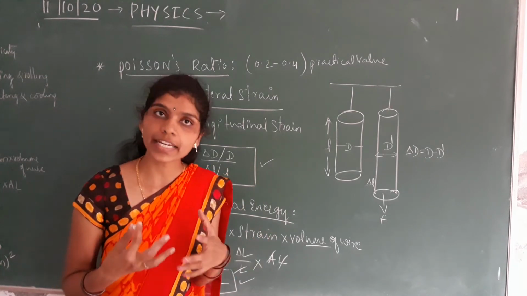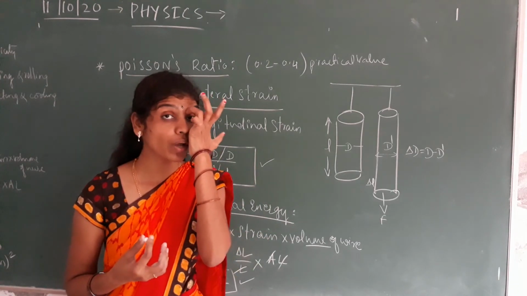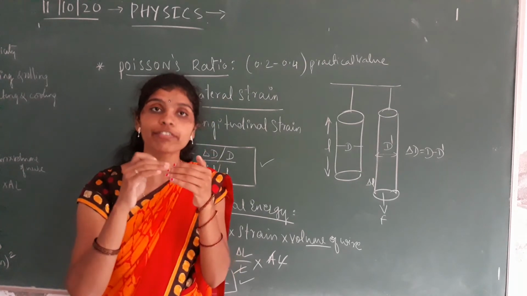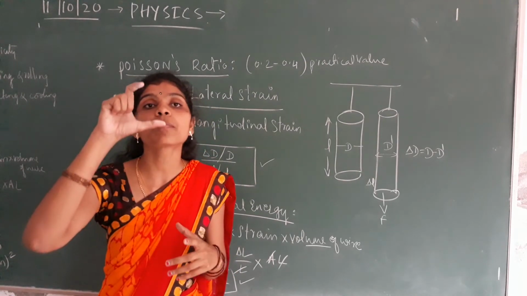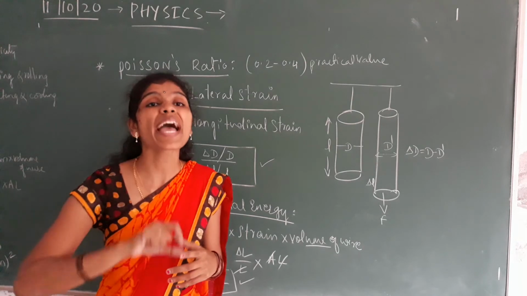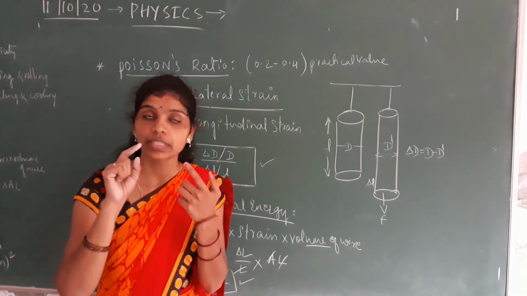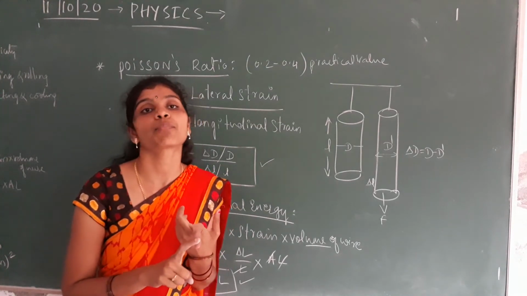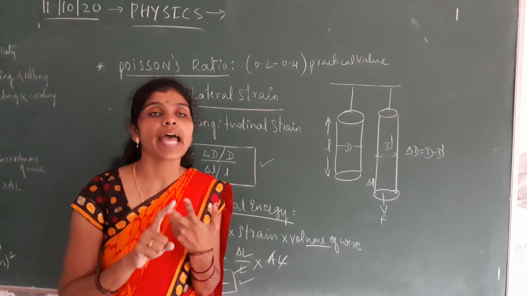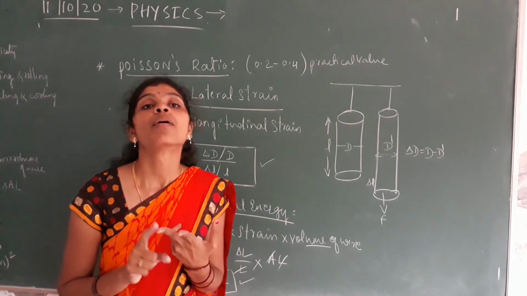If you consider any material and go on continuously heating and cooling it, the strength of the material is going to vanish or decrease. So temperature is one of the factors that affect the property of elasticity, and annealing also affects it.